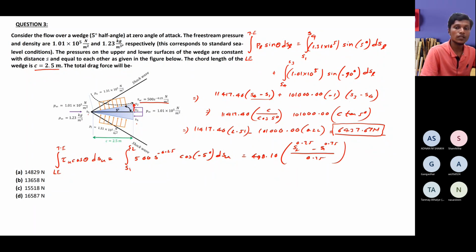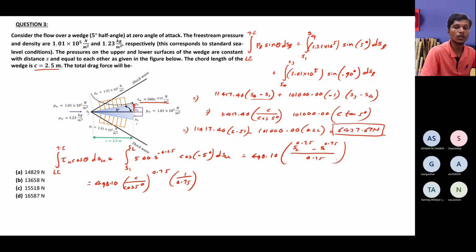Again, we need to apply the same thing: S2 minus S1 power 0.75 by 0.75, and then you need to convert this S2 minus S1 with respect to your chord length. How can you convert? By using simple basic trigonometry. You can write it as 498.10 times C by cos 5 degrees, all to the power 0.75, times 1 by 0.75.